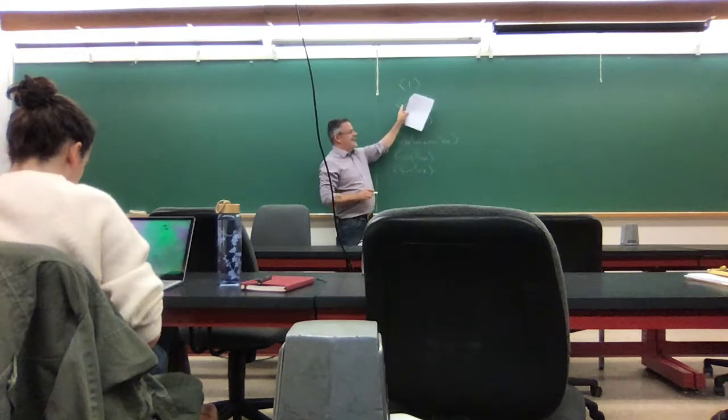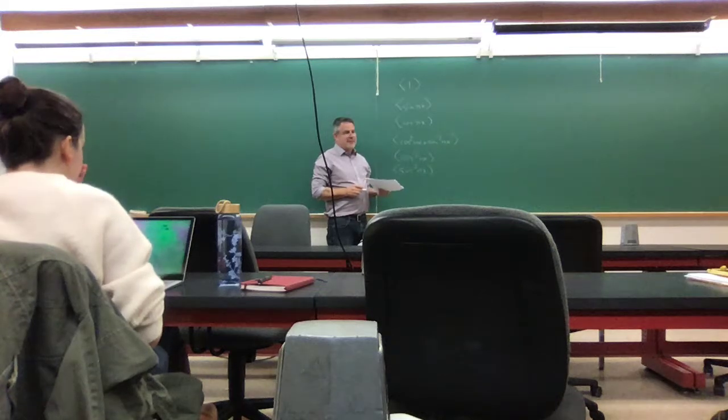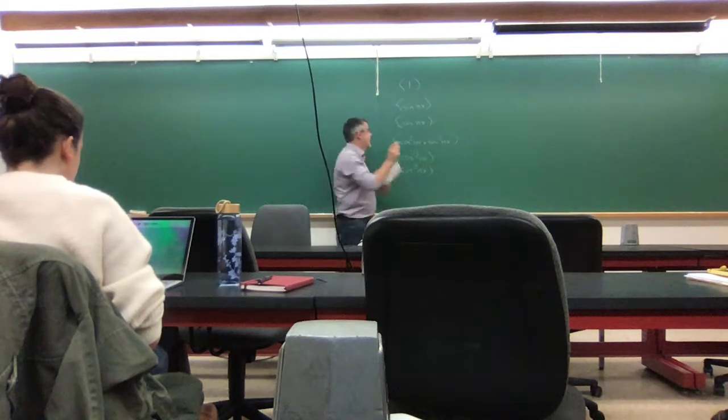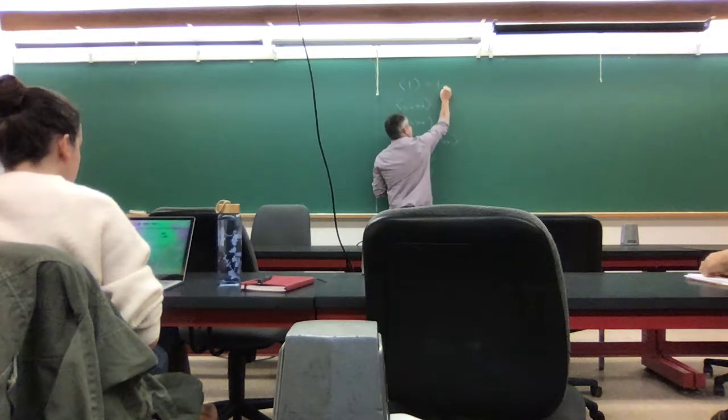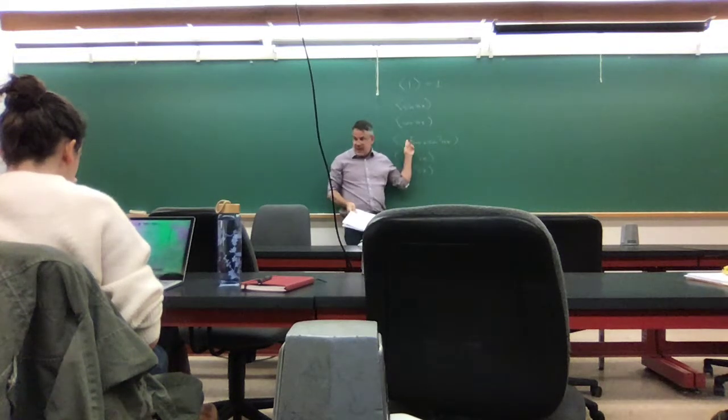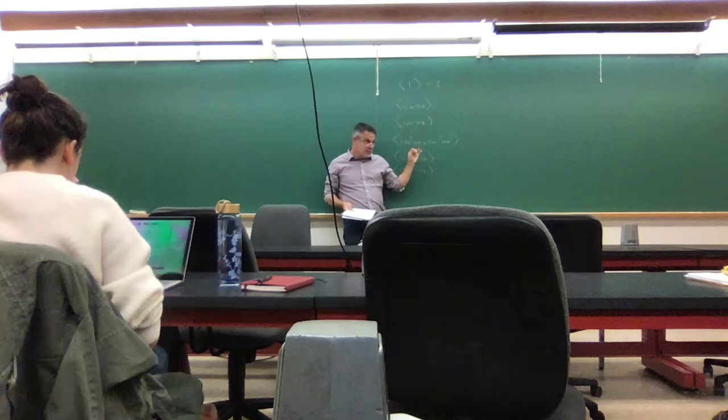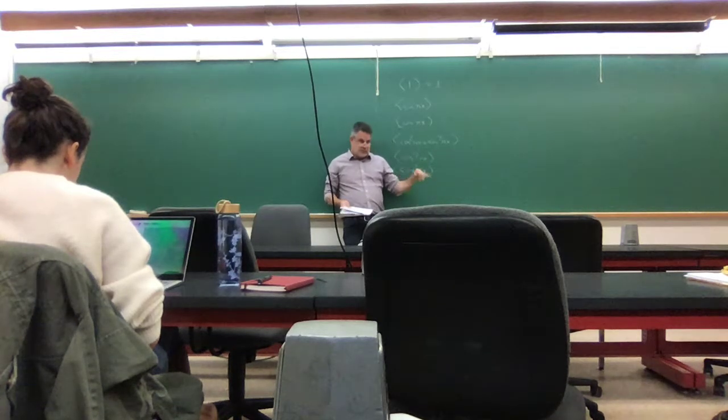What was the average of 1 from minus pi to pi? 1. Exactly. So that one's not hard. So remember, we were using this average notation to be the integral of the function from minus pi to pi divided by the integral not including the function, which is just 2 pi for that set.